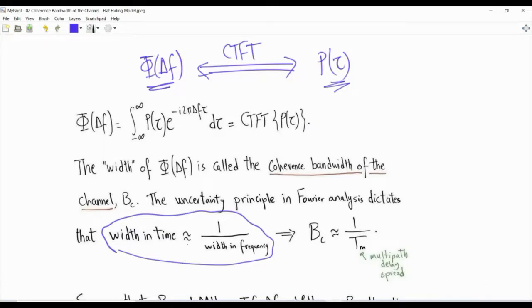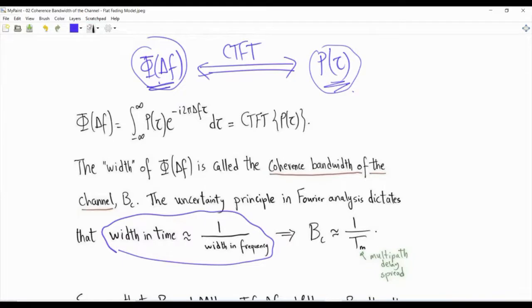If something gets wider in the time domain, it gets narrower in the frequency domain, and vice versa. Since these two are a Fourier transform pair, the width of this one is proportional to the reciprocal of the width of this one.